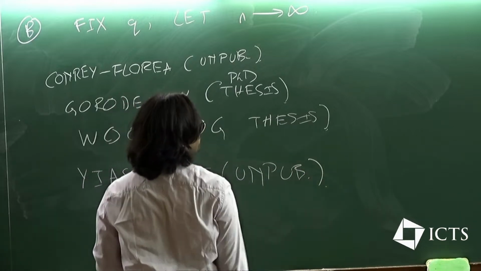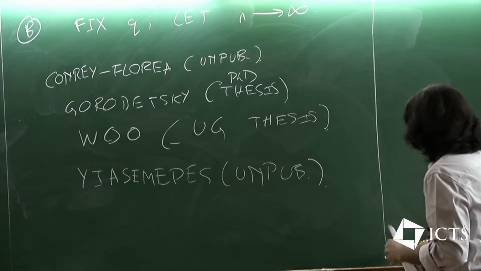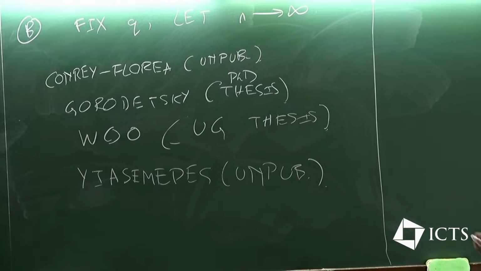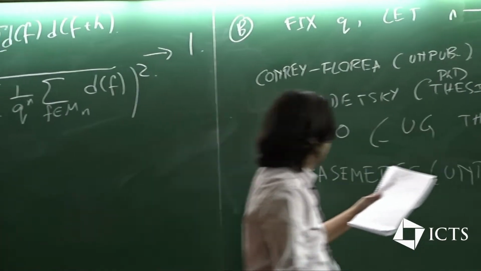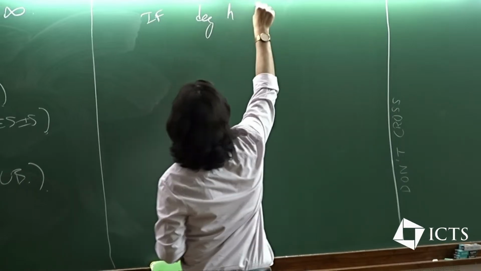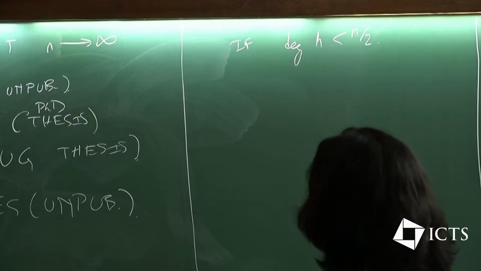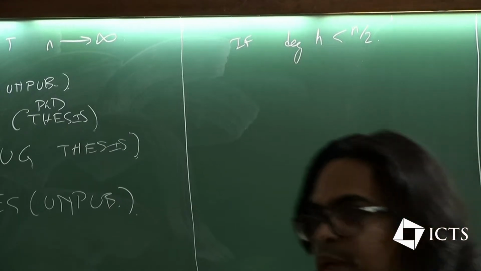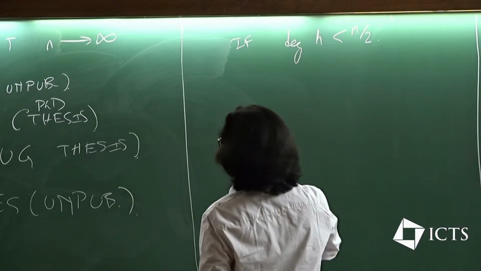Okay, so what do these guys prove? They prove something which is very surprising the first time you see it. I'm going to now call this S of H. They prove that if the degree of H is less than n over 2, and I want you to compare this to the integer setting, the degree being less than n over 2 is like H being of size x to the half, anything of size x to the half or below, then you get an exact formula.